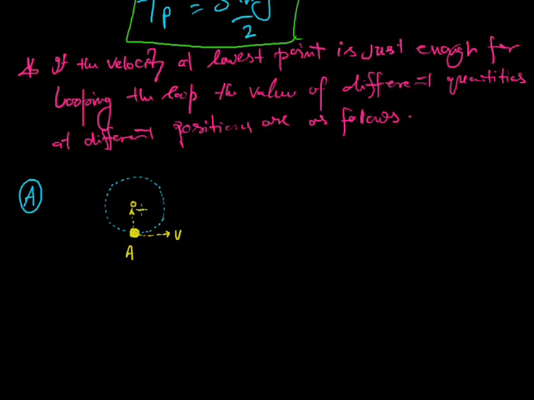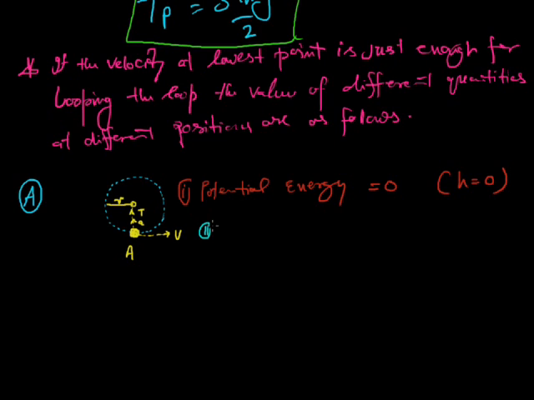Tension in the string is in this direction. Acceleration is also towards the center. Radius is r. Then potential energy in this position is 0 because here h is considered as 0.